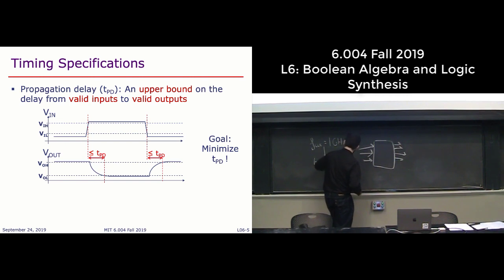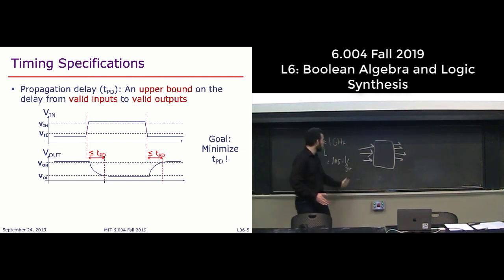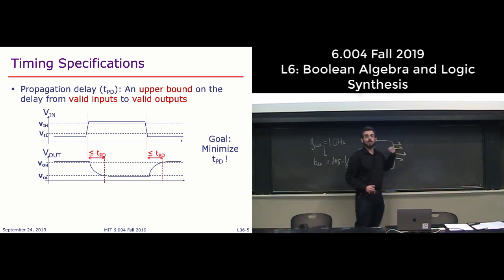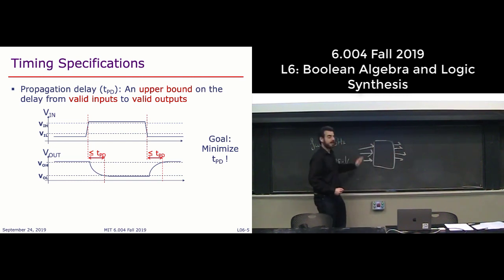So this is 1 over the frequency. And what this means is that every nanosecond we're going to give this combinational logic block new inputs and then record its outputs. The next nanosecond we'll give it new inputs, record its outputs.